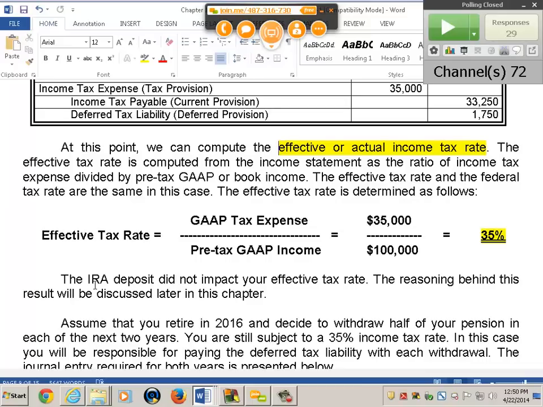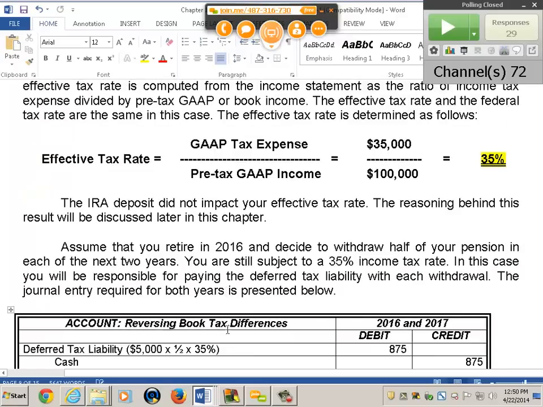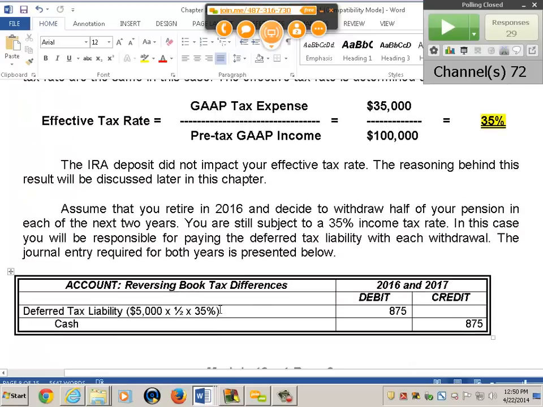Now, when you withdraw, assuming that the tax rate doesn't change, and again, we do not use the time value of money. Let's say you take half in 2016, half in 2017. So you're going to be taking $2,500 per year. And at 35%, that's $875. Notice what happens.